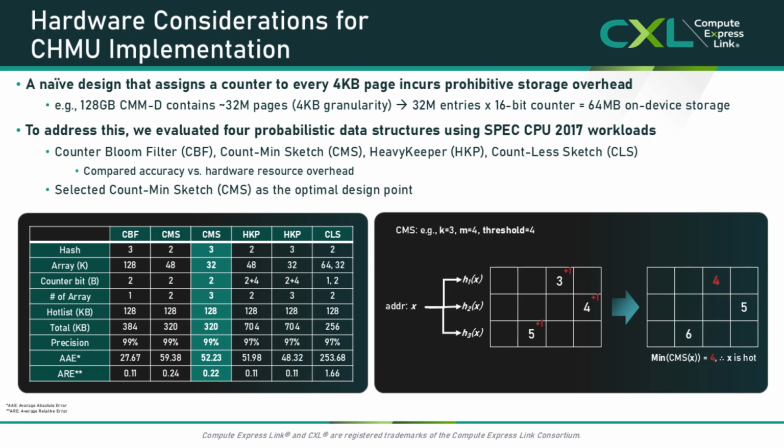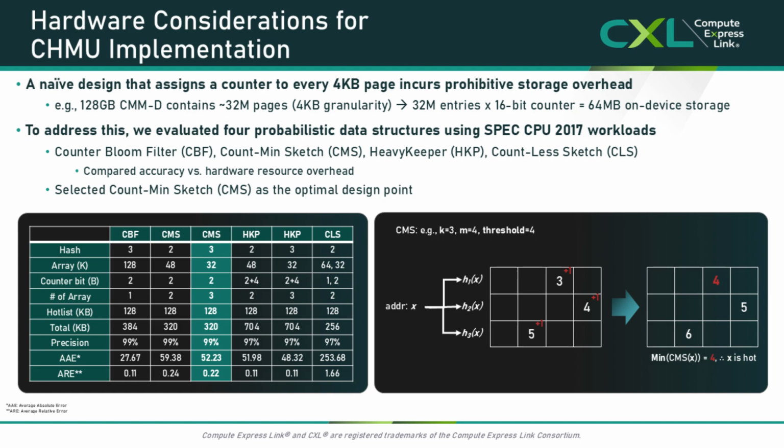Count-min sketch is a well-known probabilistic data structure for estimating frequency in streaming data. While I will skip the detailed mechanics, it uses a limited-size counter table and still achieves high precision with relatively low error, as shown in this figure. Although CMS introduces some estimation error, it is sufficiently accurate for identifying hot pages.